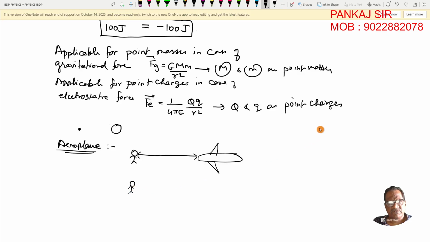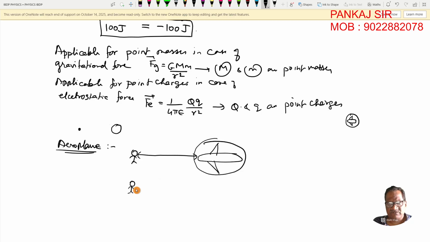And now if you see the aeroplane high up in the sky somewhere over here, you will see the same plane but as a very tiny object. Here you will see it like a huge object, here you will see it like a tiny object, isn't it? Even the celestial objects like moon, Jupiter, sun, stars in the sky are actually very, very huge.